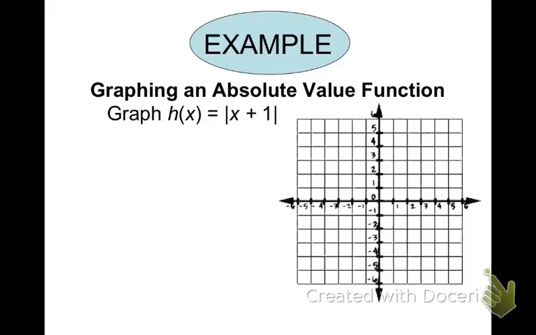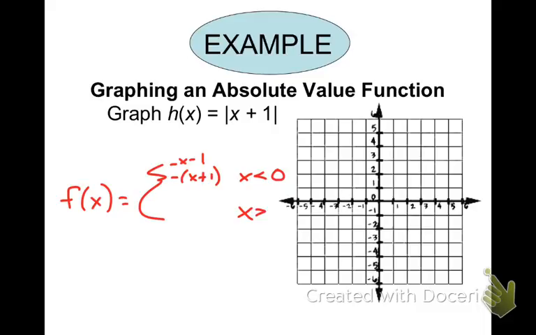What would be the negative version of the piece for the negative? Would you put x minus? It would be negative of x plus 1 for the whole thing, right? So it would be negative x minus 1, technically. So negative x minus 1 for your x when it's negative. When your domain is positive, it would just be x plus 1.